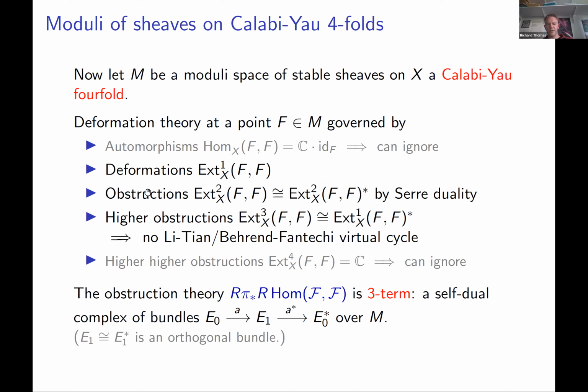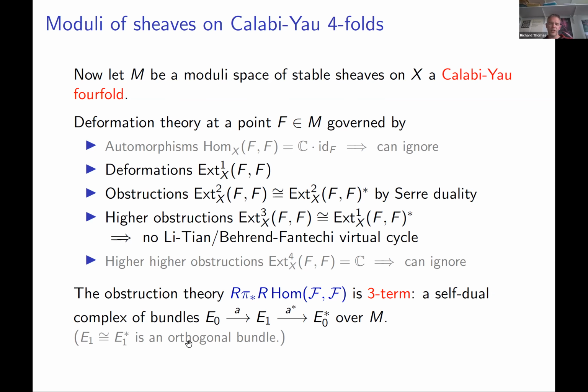And the point is that, putting this over the moduli space and globalizing it, what this says is the obstruction theory is now three-term, but it's got this nice duality. So the bundle in the middle, E1, is an orthogonal bundle. That's essentially this globalization of this Serre duality, of this pairing here. And the zeroth and second bundle are dual to each other, and the maps are dual to each other.